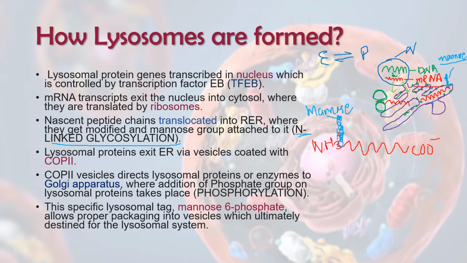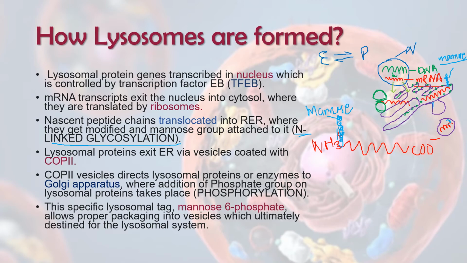So the RER membrane is pinched off, which contains the Mannose added peptide. Okay. In the form of a vesicle.